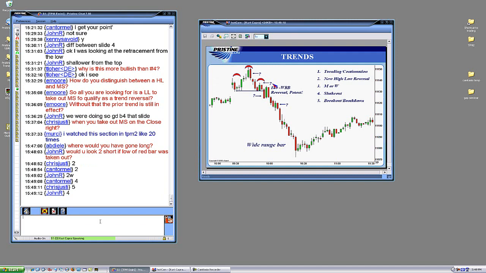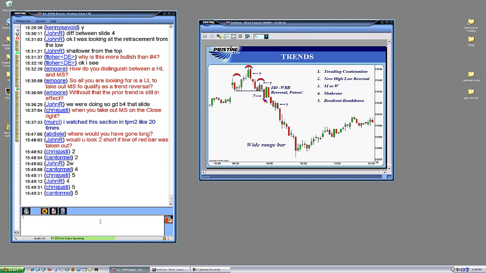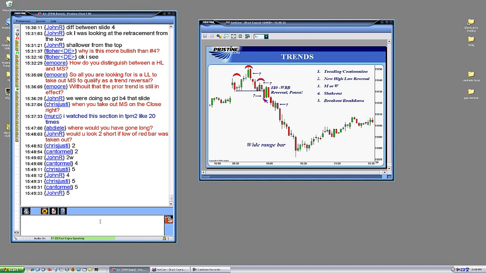Where my arrow's pointing to. Yeah, it's 4, a shakeout. Shakeout. Right. I think, Chris, you may have been this one. What is this one here? Yep, 5. It's a breakdown.